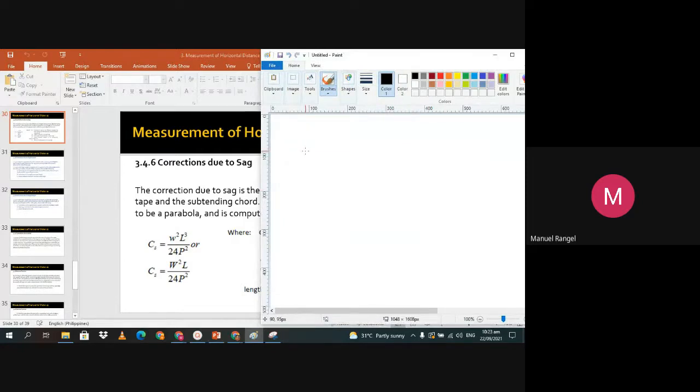Usually kung tape gibira from point A to B, ends lang, magsag din siya kadugay.